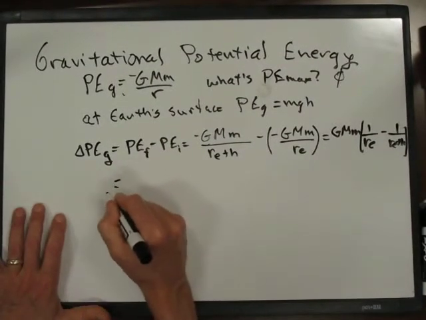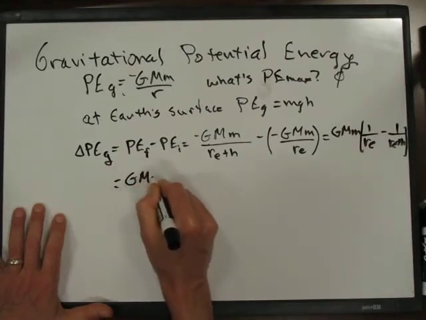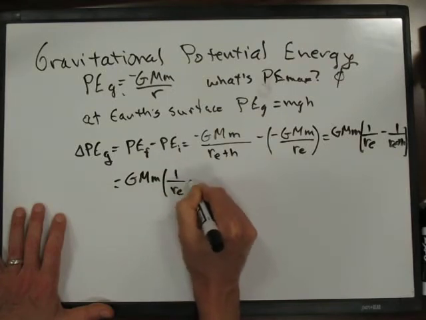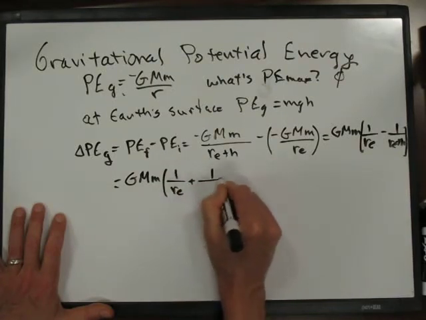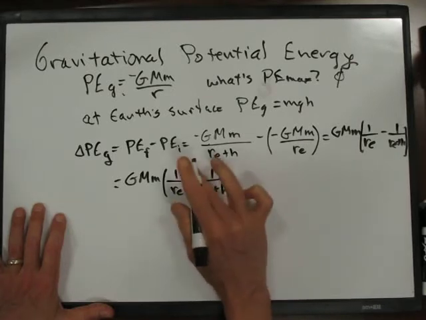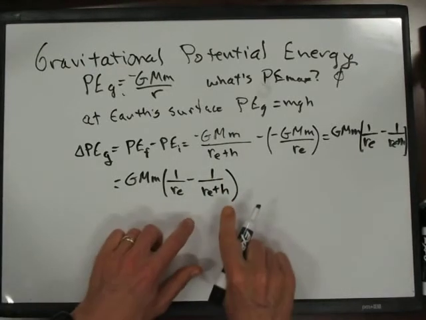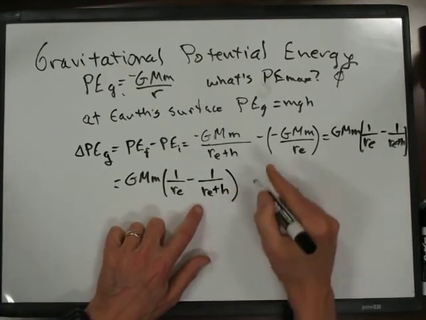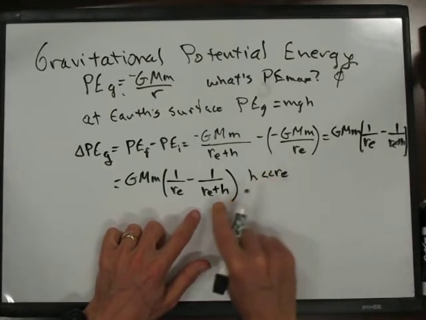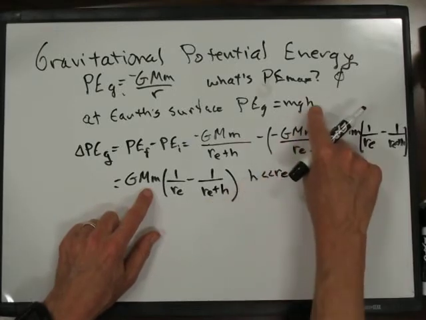And so that means my change in potential energy is G, mass of the Earth, mass of the object, times 1 over the radius of the Earth minus 1 over the radius of the Earth plus h. And if we make the approximation that h is much, much less than the radius of the Earth, this is where we can make this formula look like mgh.